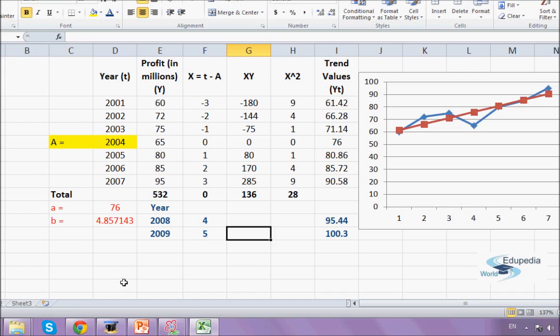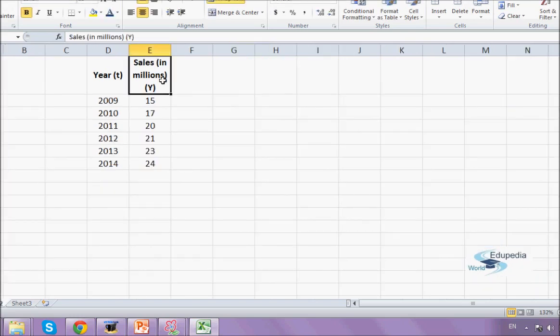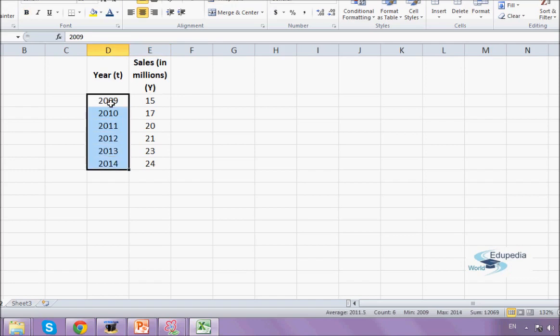In case we have an even number of observations, let's take another question. Here we have just 6 observations, and we have the value of y given in sales per year in millions.